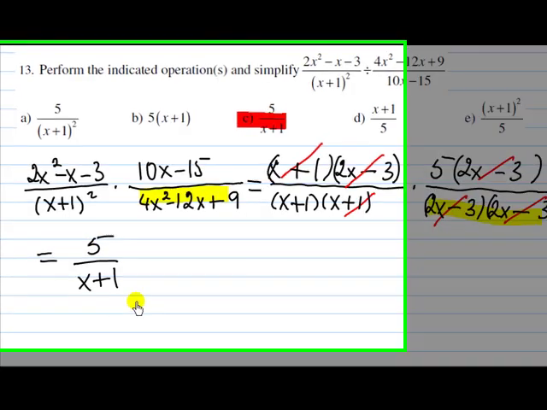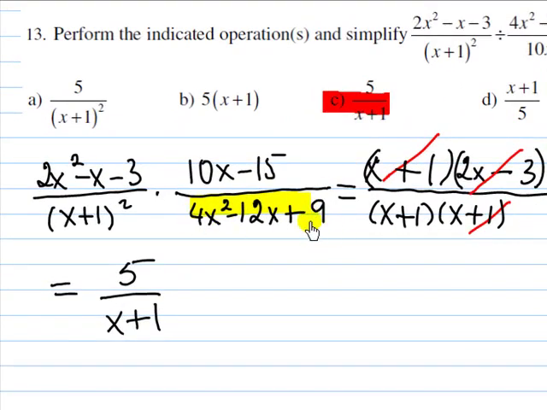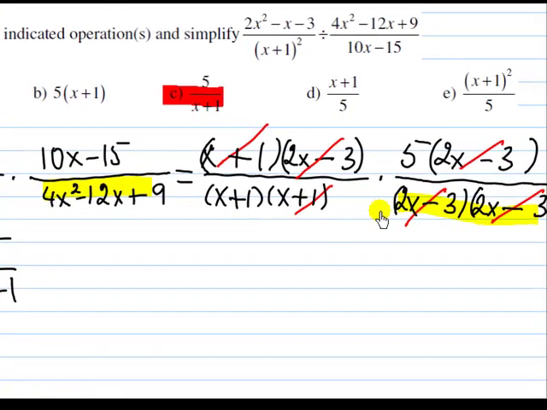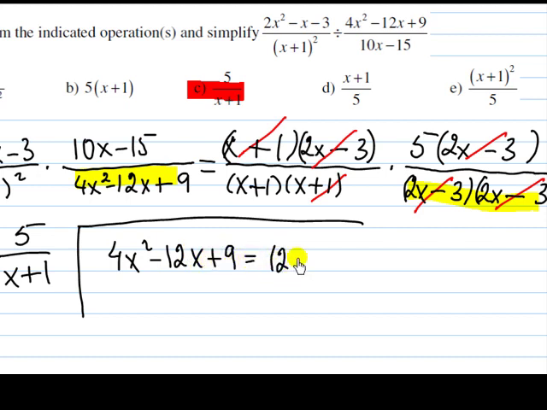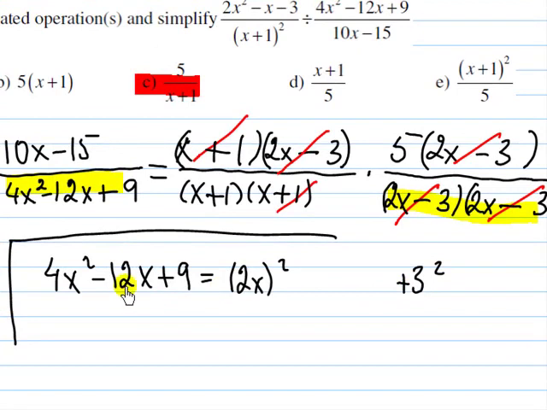Now, going back to factoring this trinomial, you could have recognized this also as a perfect square, which gives you just 2x minus 3 squared. You could have recognized that 4x squared minus 12x plus 9 is actually 2x squared, since 4x squared is 2x squared, 9 is 3 squared, and the middle term is minus 2 times 2x times 3.